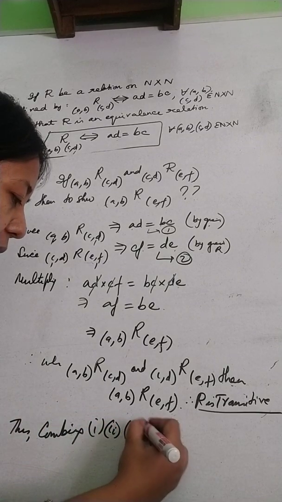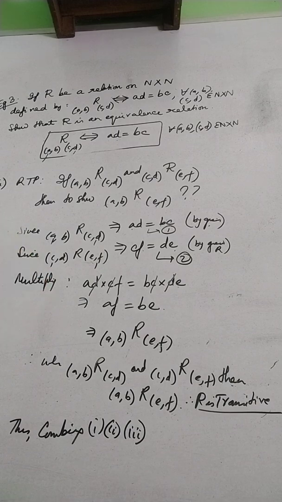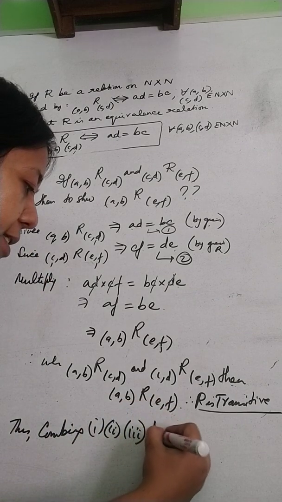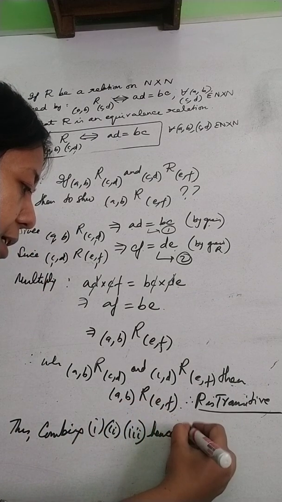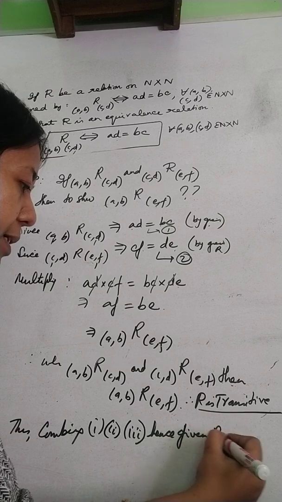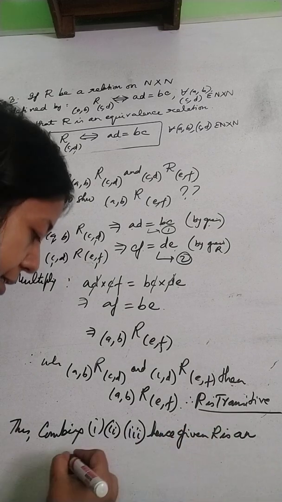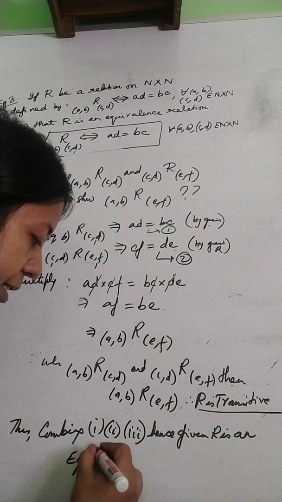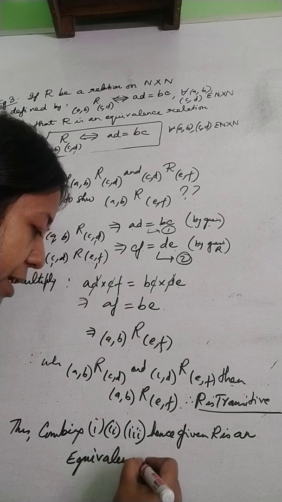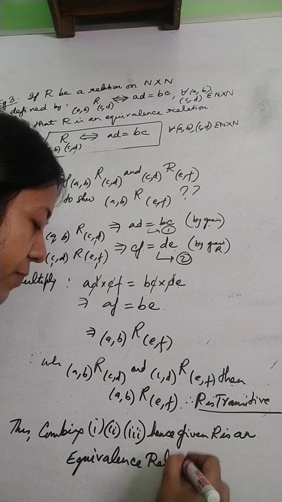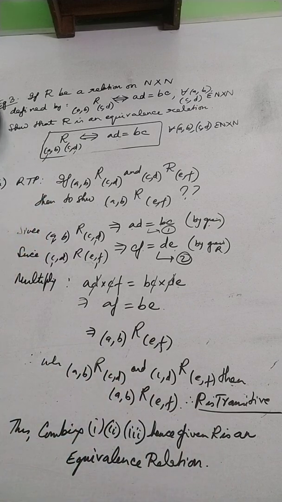That is, since it is reflexive, symmetric and transitive, the given R is an equivalence relation. Hence proved. So this is how we prove this.